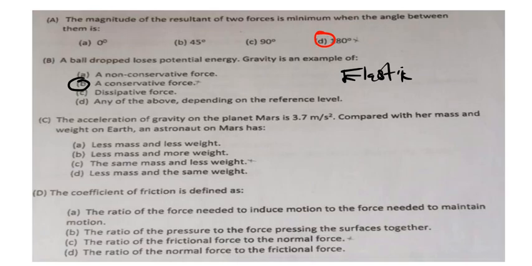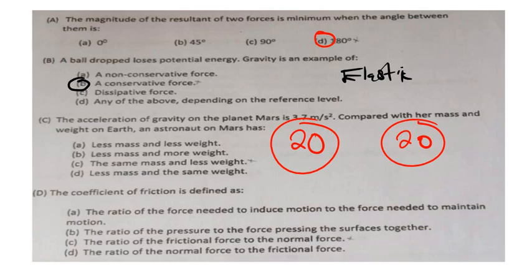What do we know about mass? What do we know about weight? Now you should know that mass is an intrinsic property. It does not change with location. So if, let's say, I've got 20 on Earth, and we take you to the moon, it will still be 20. So the mass is going to be the same.